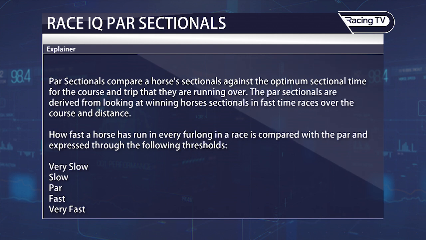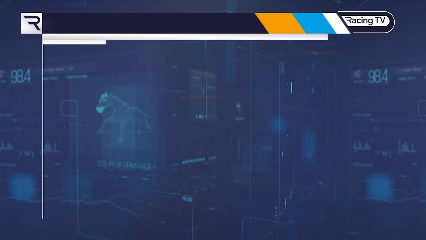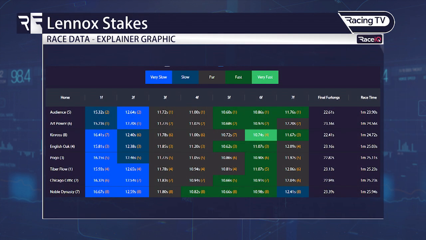Let me give you an example and take you to the Qatar Goodwood Festival and the Lennox Stakes. The colour code is at the top, very slow, right through to very fast. Audience and Art Power were quickest out of the stalls, and you'll remember that they made the running, seemingly at a strong gallop.